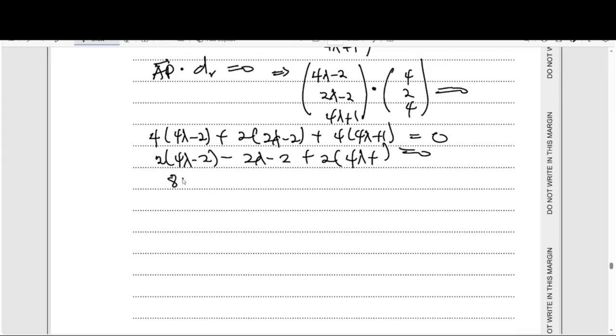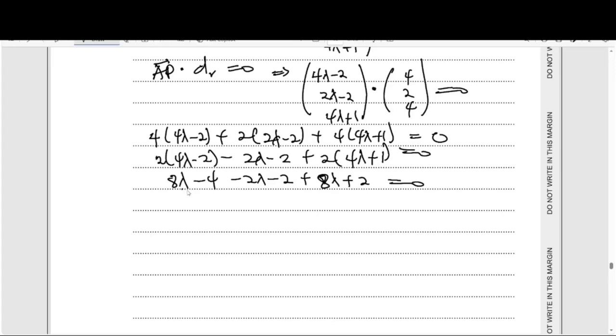So let's expand. 8 lambda minus 4, minus 2 lambda minus 2, plus 8 lambda plus 2 is equal to 0.